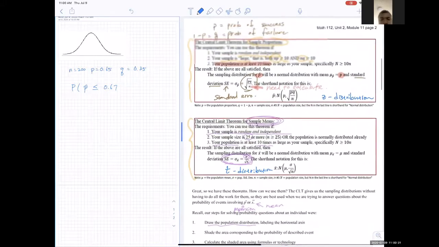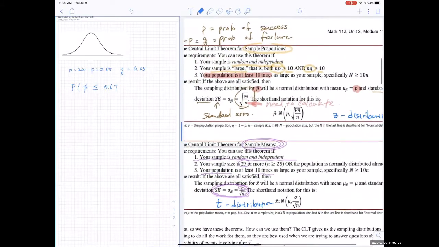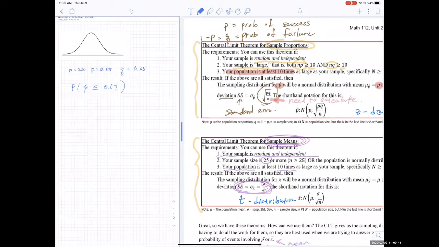The definition of your normal distribution for proportion, you don't necessarily need to know this definition, but I'm going to show it to you. The definition is z equals p hat minus p over the square root of pq over n.